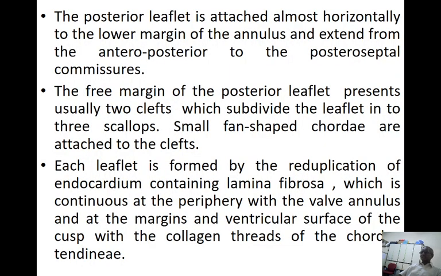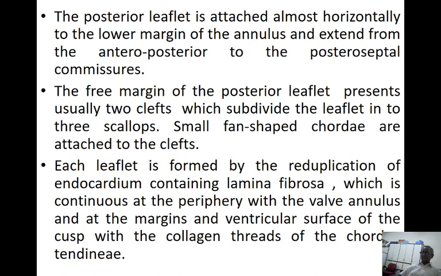The posterior leaflet is attached almost horizontally to the lower margin of the annulus and extends from the anteroposterior to the posteroseptal commissure. The free margin of the posterior leaflet usually presents two clefts which subdivide the leaflet into three scallops. Small fan-shaped chordae are attached to the clefts.